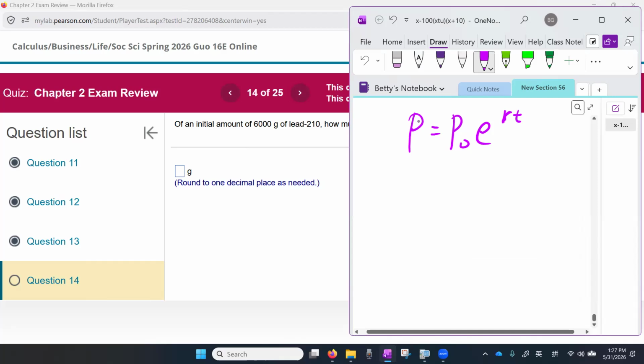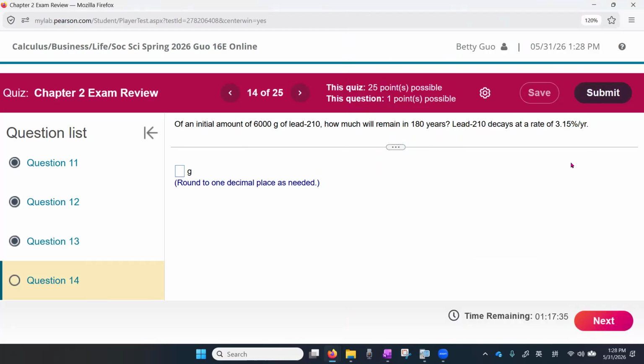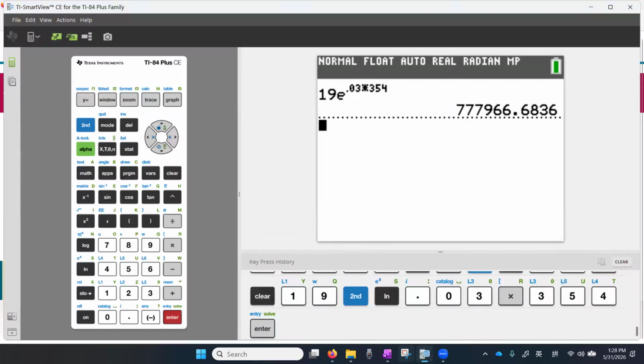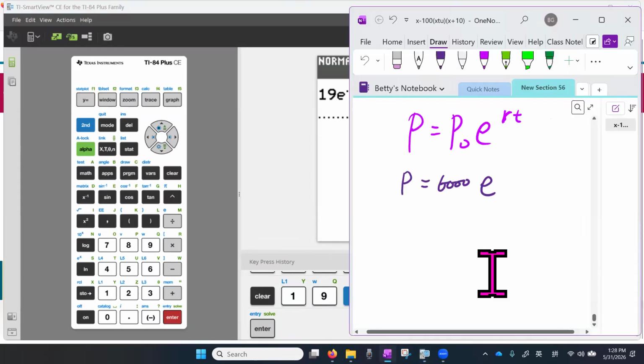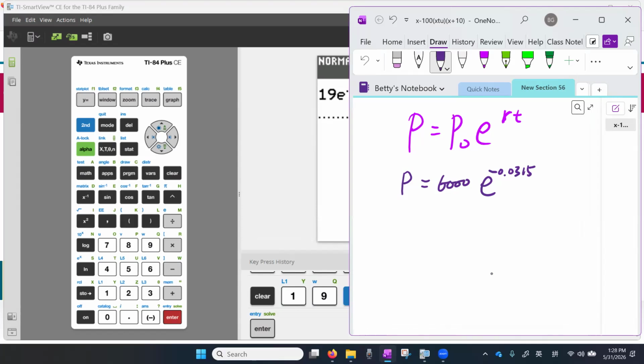So in this case, we are talking about a decay problem, right? The initial amount is 6,000, and we want to know the future amount. The rate is 3.15%. But you cannot just enter 0.0315.